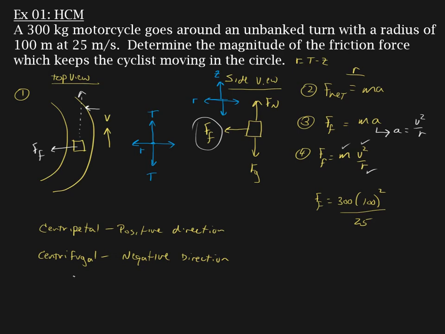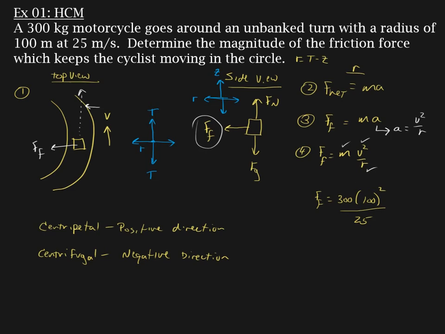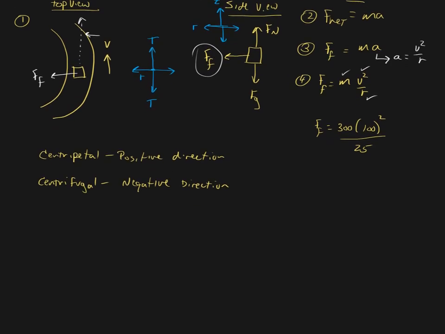So what I'm going to do is draw one more scenario. I'm just going to modify this scenario a little bit to give you some concept of what I'm talking about when it comes to centripetal and centrifugal. So it's going to be the same motorcycle going around the same turn, and I'm going to draw the side view FBD. Actually, I'll do it on both of these FBDs, and I'm going to use an orange color to represent what I'm going to do.